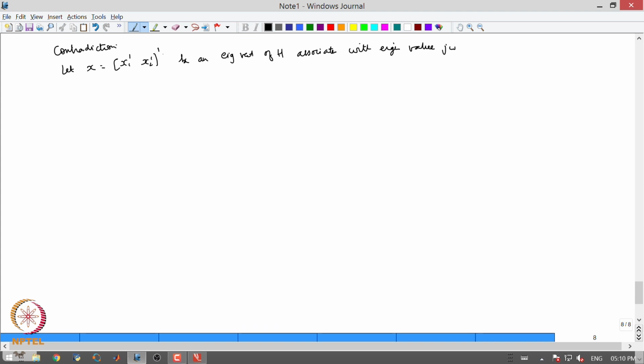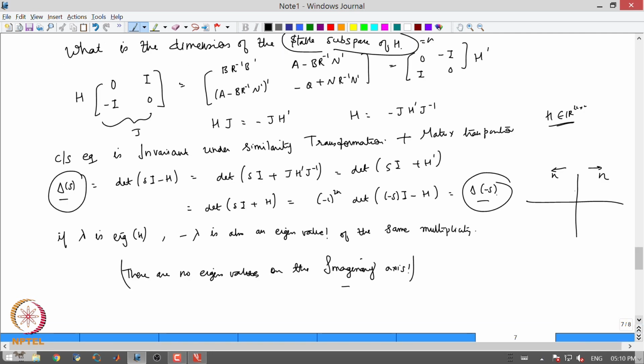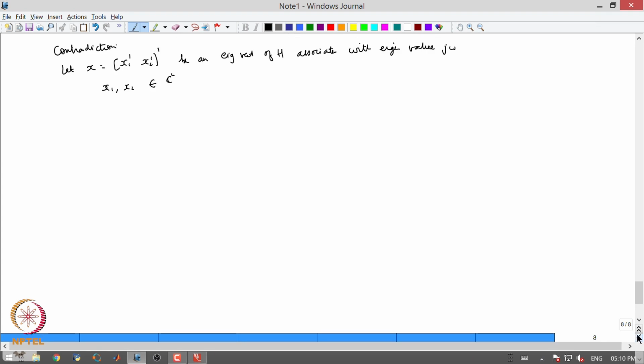Okay, so actually, we assume this belongs to the complex numbers, so x1 and x2 will both be in C^n. Okay, so let me assume that there is some eigenvalue which is sitting here, and see what happens to the assumptions that we made, or to the problems that we are dealing with.